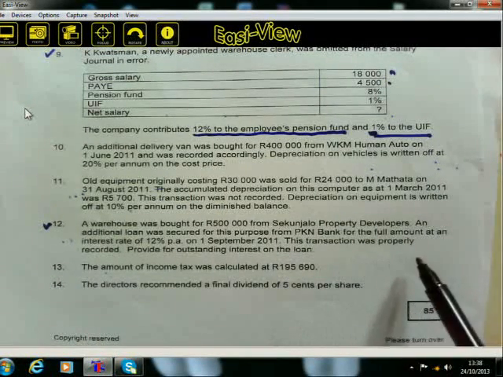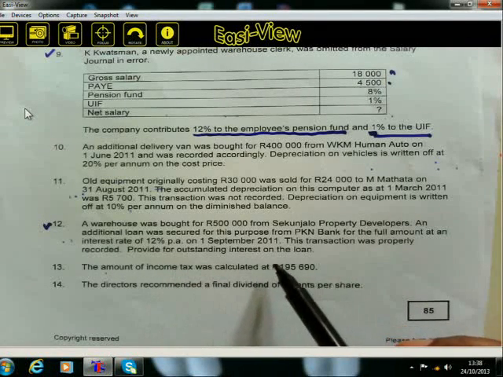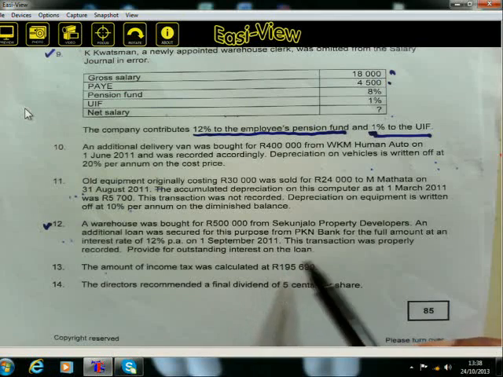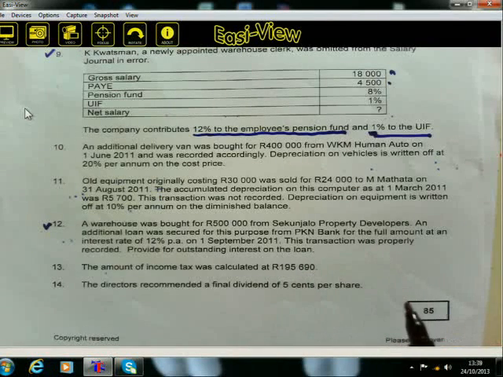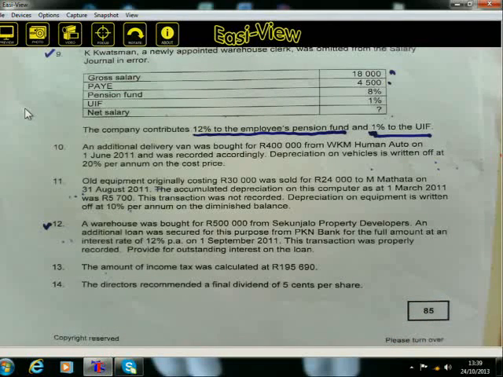This transaction was properly recorded, provide for outstanding interest on the loan. So which means we'll have to pay an interest on loan, and if we still owe an interest on loan, that will be an accrued expense. So we have our accrued expense here that we need to calculate.